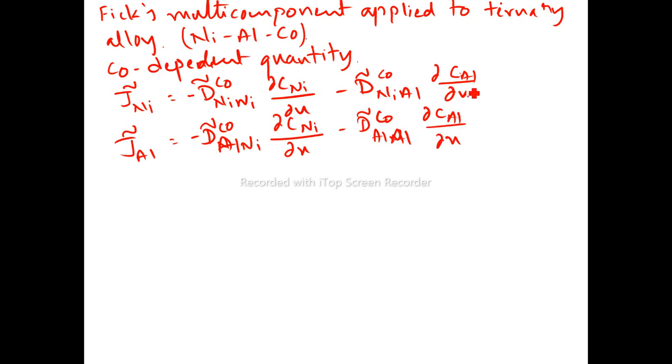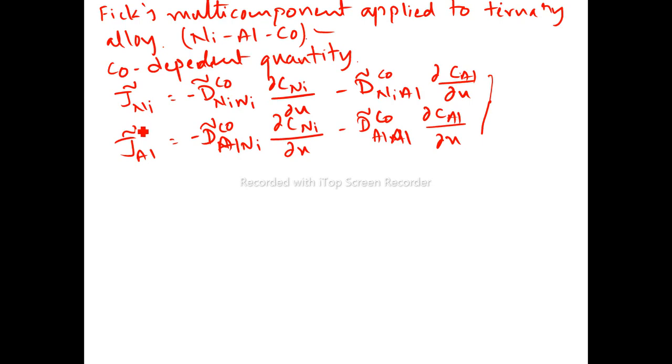So these are the equations, Onsager's formalism equations applied to the ternary system. So in this equation we are giving two important diffusion coefficients, two types of independent interdiffusion coefficients.